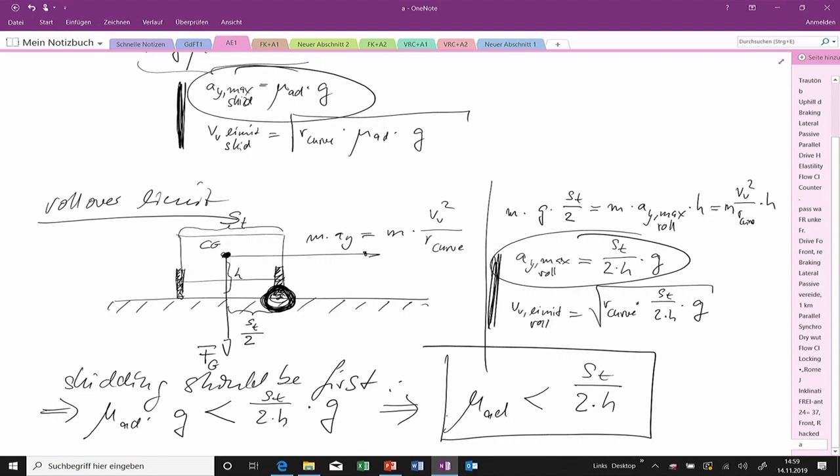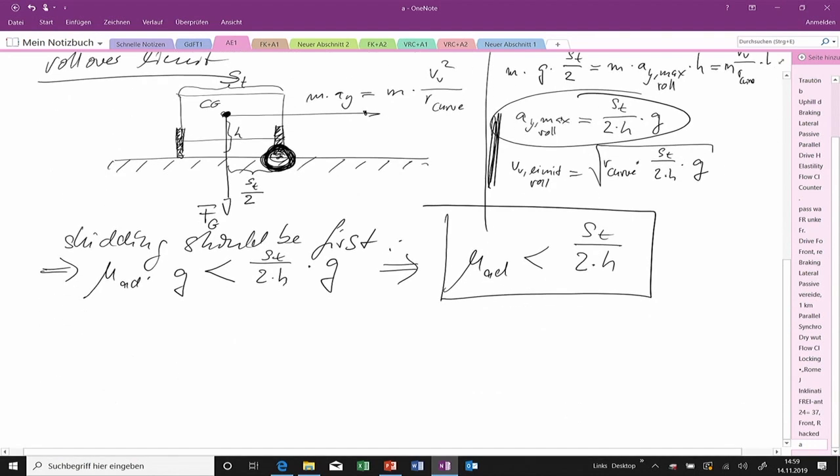That's the reason. And if we want to prefer skidding, then it is necessary that the skidding limit is lower than the rollover limit. The car should not start to roll over before it starts to skid. So the borderline for skidding must be lower.